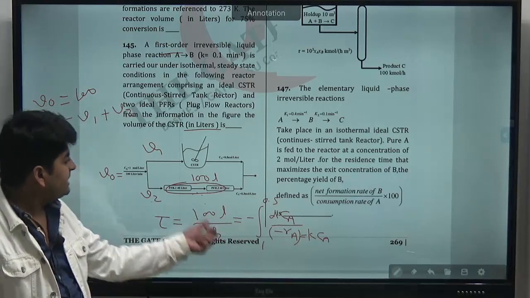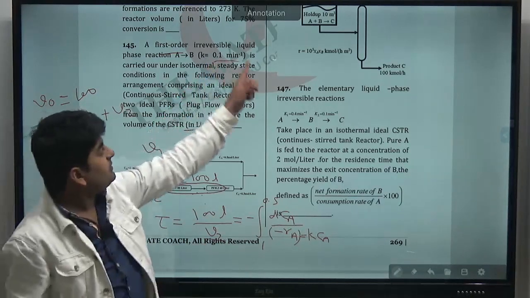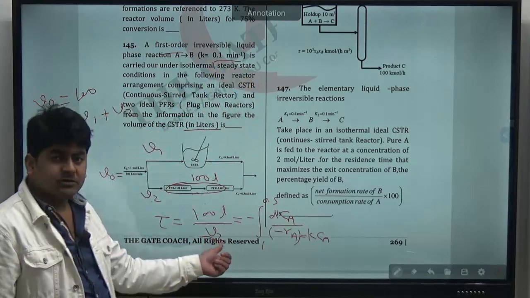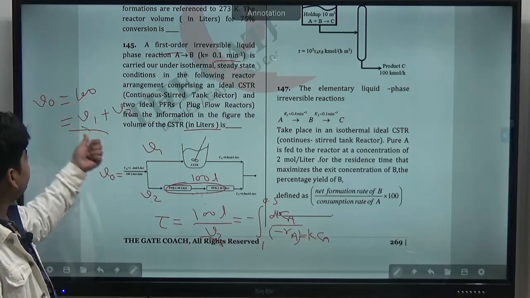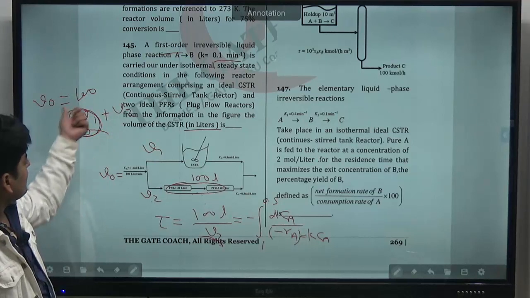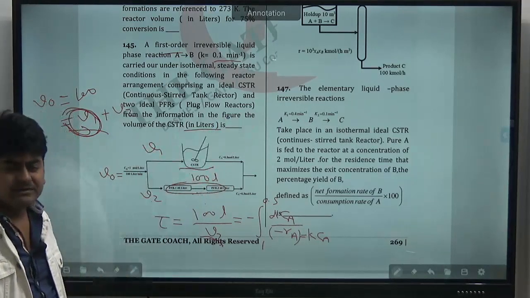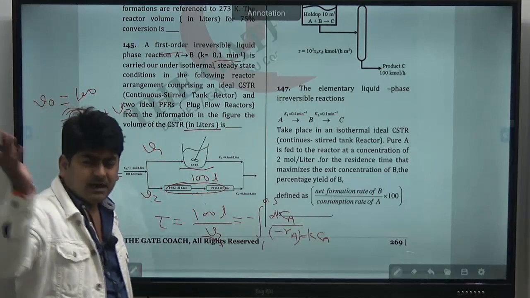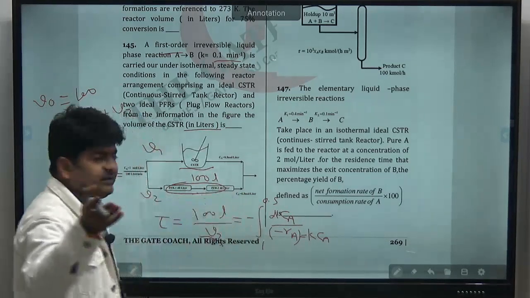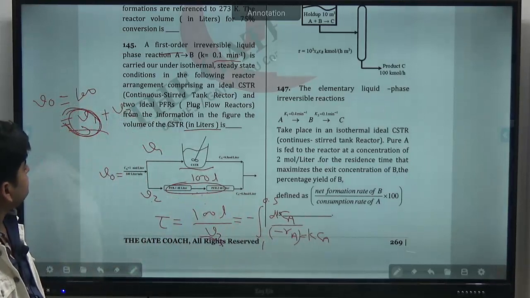So from here you will get a value of V2, because k is also given 0.1. Put this value of V2 here, you will get V1. Now apply the mole balance over MFR, you will get the volume of MFR. That will be approx 855 liter, I guess.